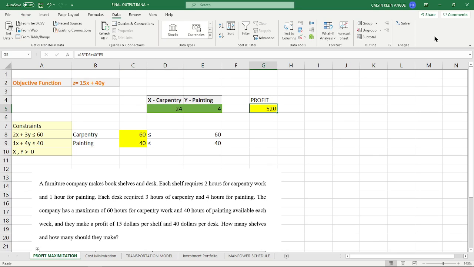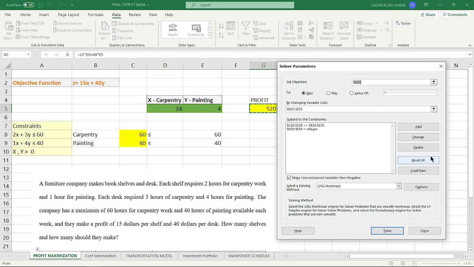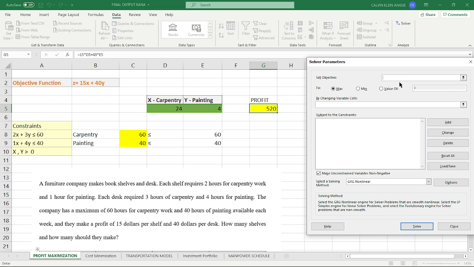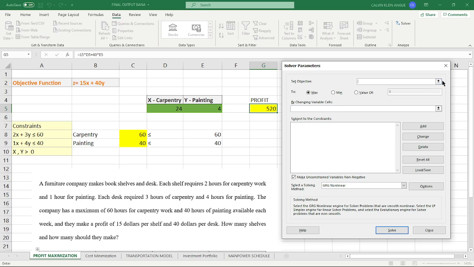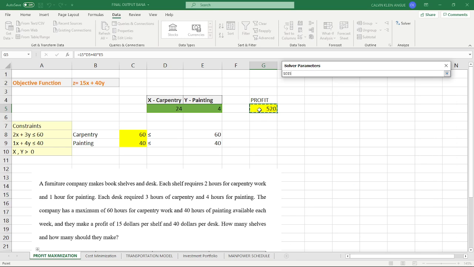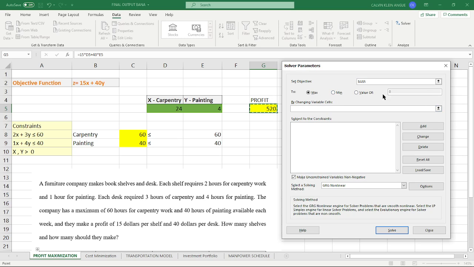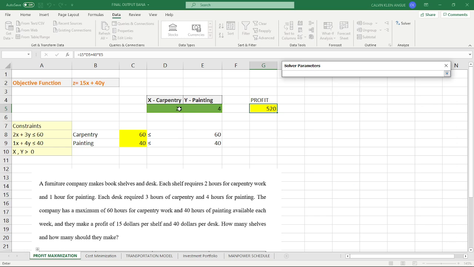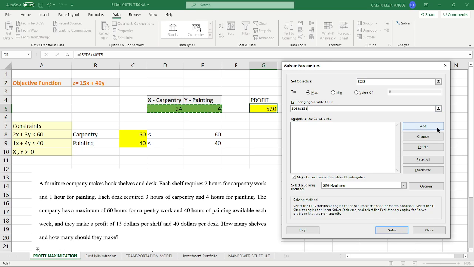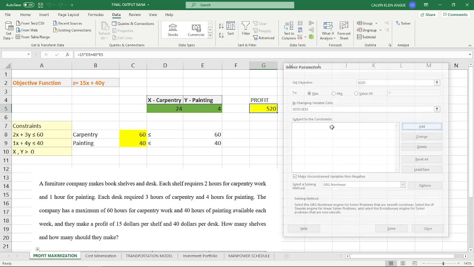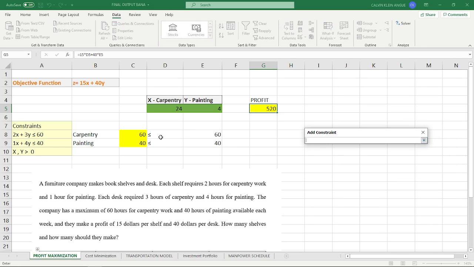So how do we solve it? Go to Data, then press Solver. Let's reset this and I will teach you how to set the objective. First you set the objective. This is your objective, the profit. Then remember we need to maximize it. Our changing variables will be these two. For the constraints, this is this part.